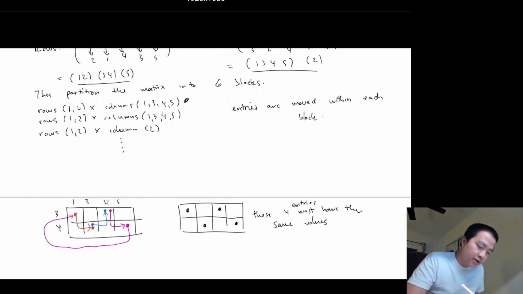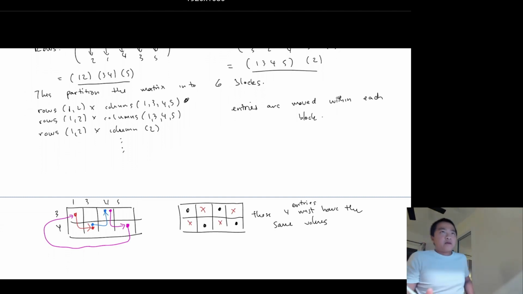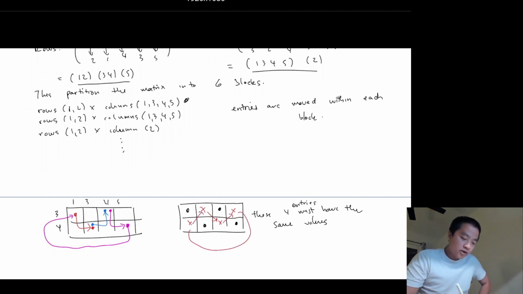You can do the same thing for these four guys, right? So these four must have the same values. You can check that this one will be mapped to that one, that one will be mapped to that one, and back here. Okay, so that's the picture.